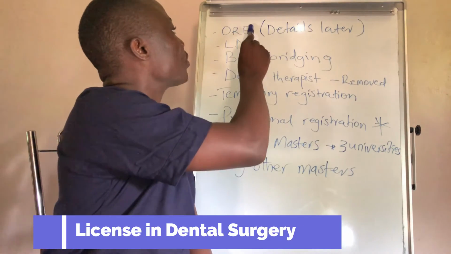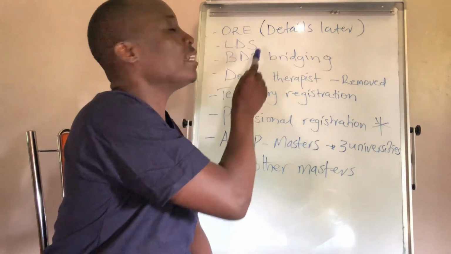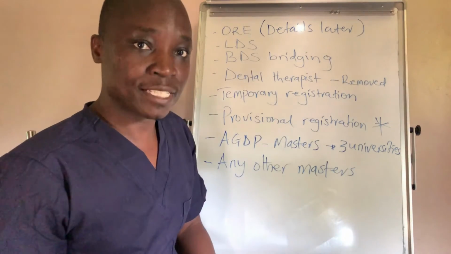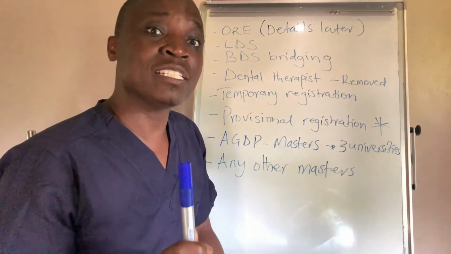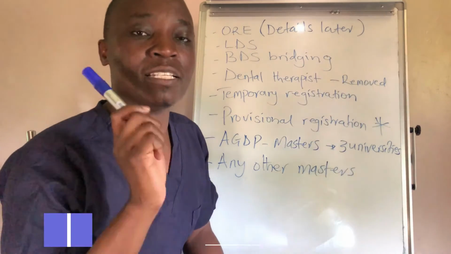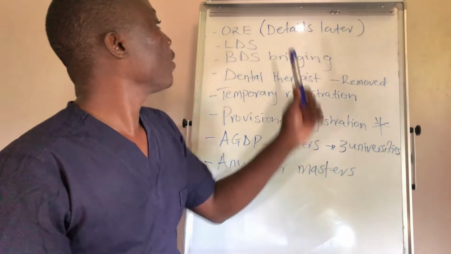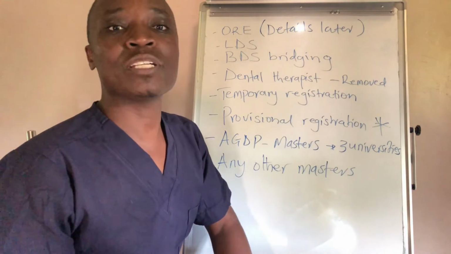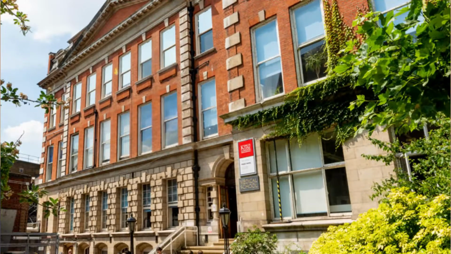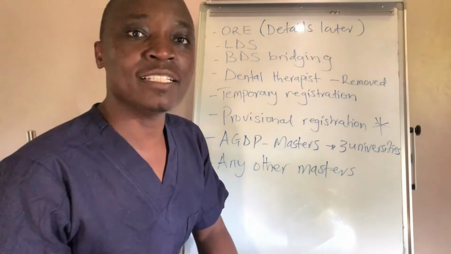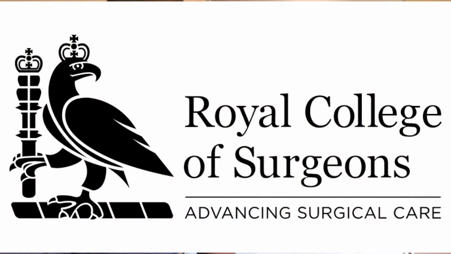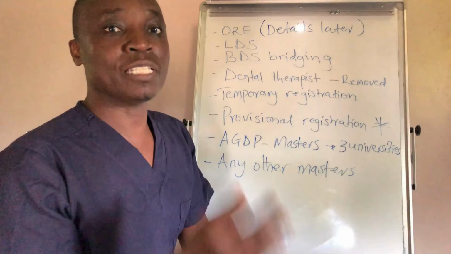Both exams, ORE and LDS, are in two parts. Both exams are administered by the GDC, that is the General Dental Council of the UK. But ORE specifically is conducted at King's College London, and LDS is conducted at the Royal College of Surgeons, both in London. And they are both in two parts.